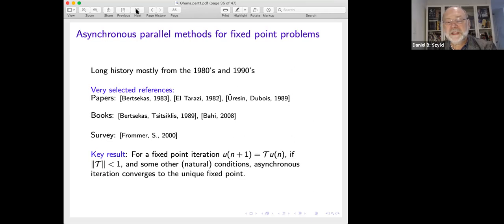One result says, okay, I want to solve a fixed point problem, right? This is my product map. If I have some norm for which this is a contracting map, then this will converge.